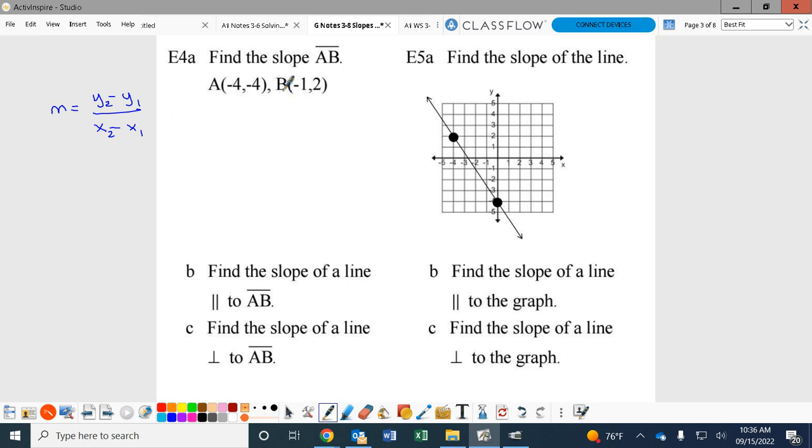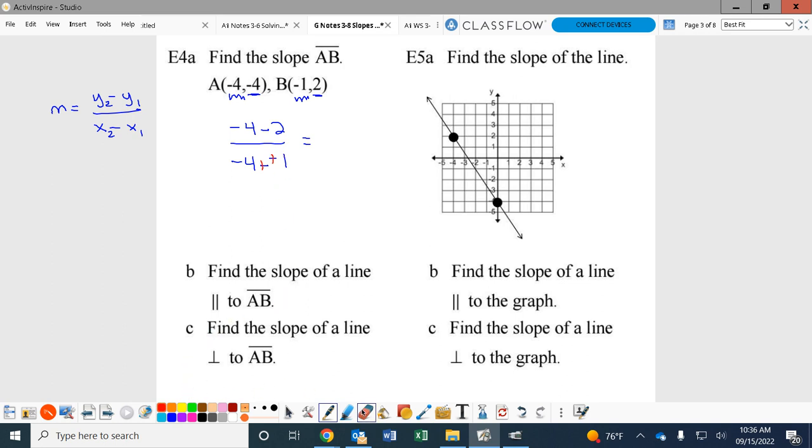Here we go. This is what it looks like. These would be your y's, so I would put -4 minus 2 over, and then I would do my x's on the bottom. My x's are the ones that are squiggled, so it's going to be -4 minus negative 1. Guys, before you do anything, do y'all see the double negative? Get rid of it. A double negative is really a positive.